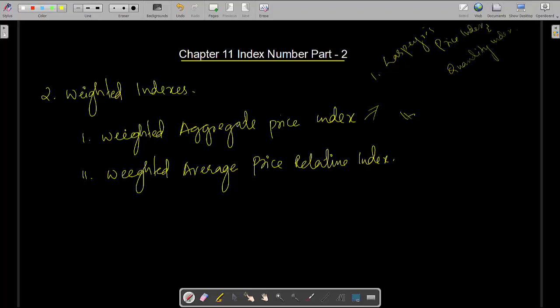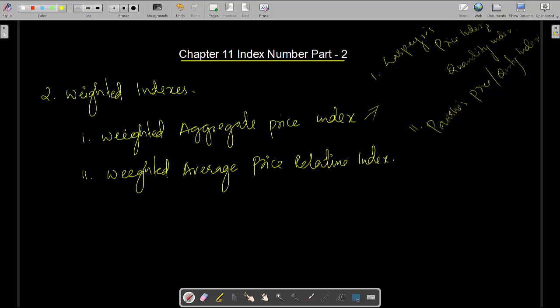The second one is Paasche's price and quantity index. There are different formulas to calculate these two methods, which we will discuss in this tutorial.